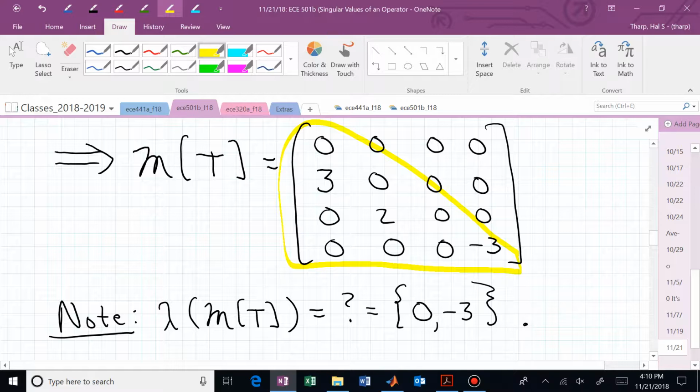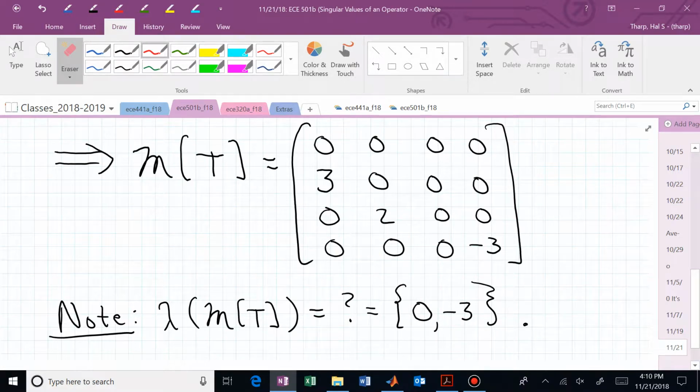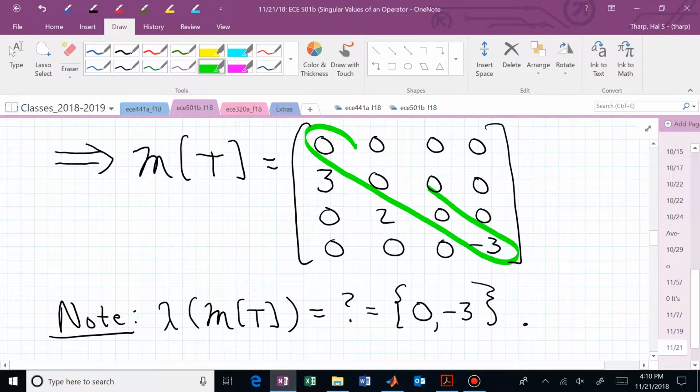We have all zeros above the diagonal and only non-zero entries below the diagonal. And since it's a lower triangular matrix, that means that we can actually find the eigenvalues by looking on the diagonal of that matrix.